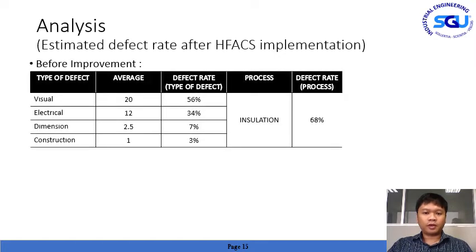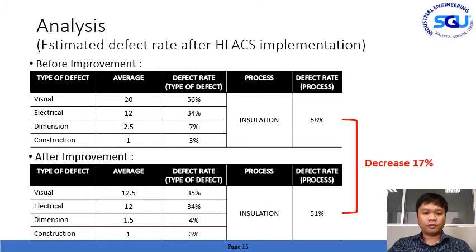Previously, the defect rate in the insulation process was up to 68%, but after we improve using the HFACS, we can decrease the insulation process defect rate to 51%. So it decreased about 17%.